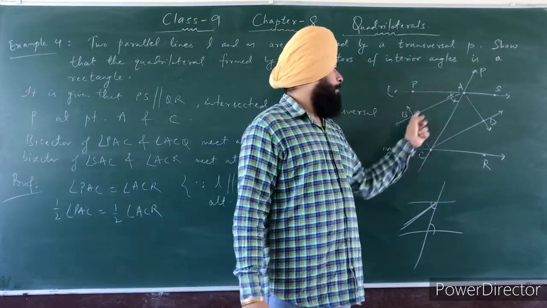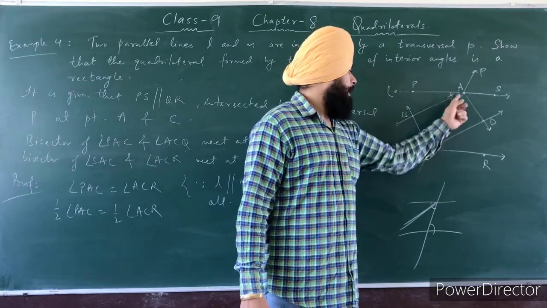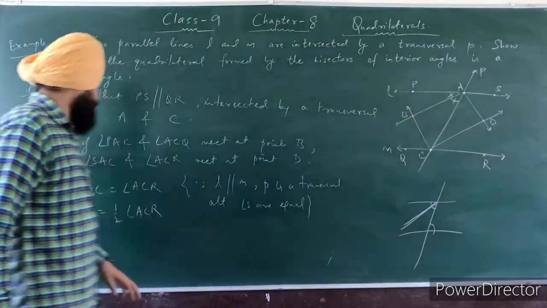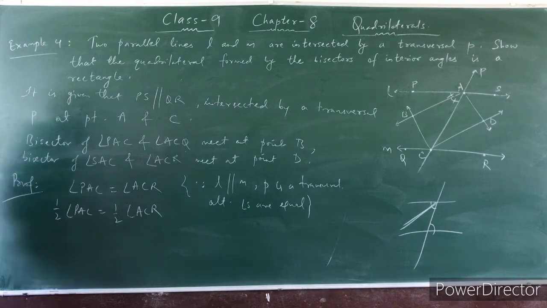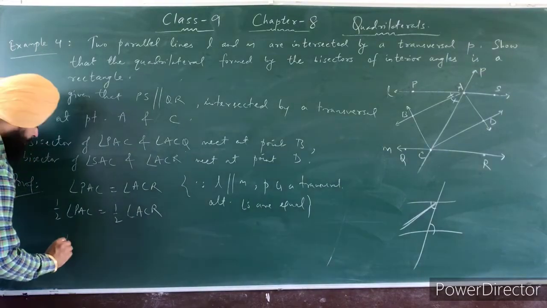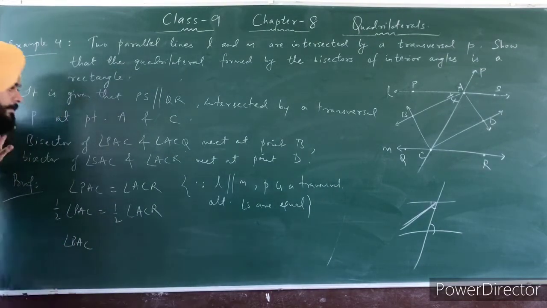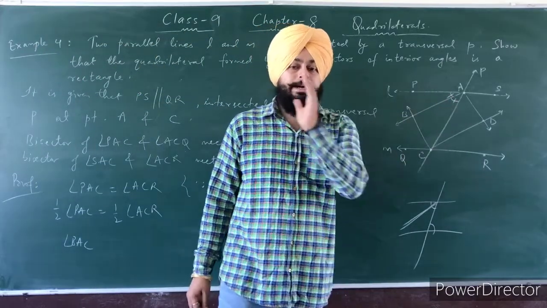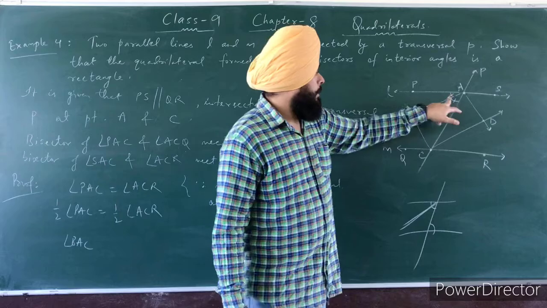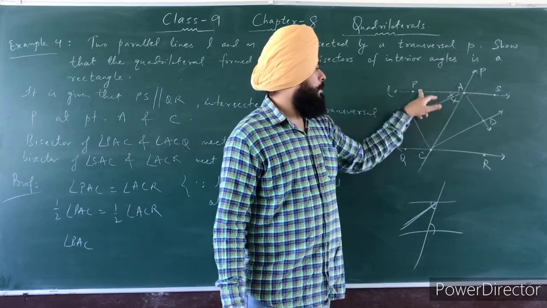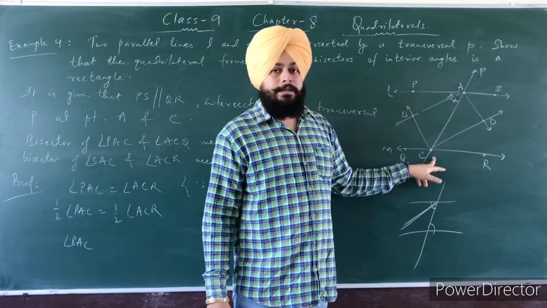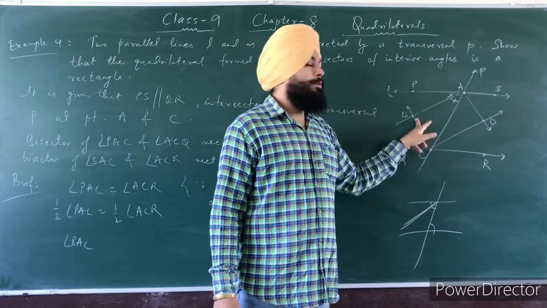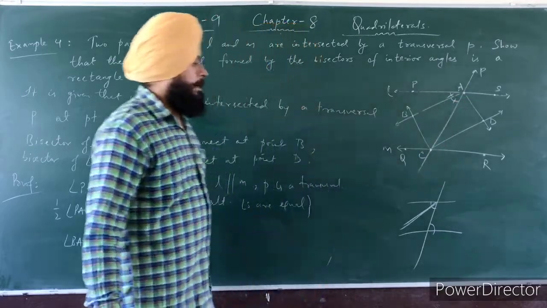So angle PAB equals angle BAC. So we can write half of angle PAC is equal to angle BAC, because they both are equal. Half means you divide by 2. That's why half of angle PAC is equal to angle BAC.